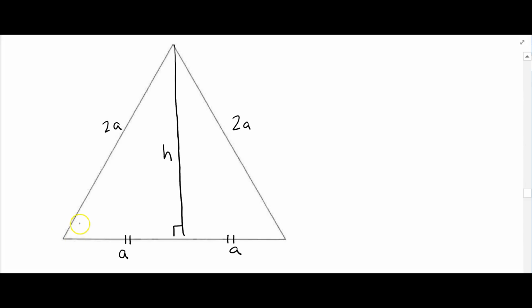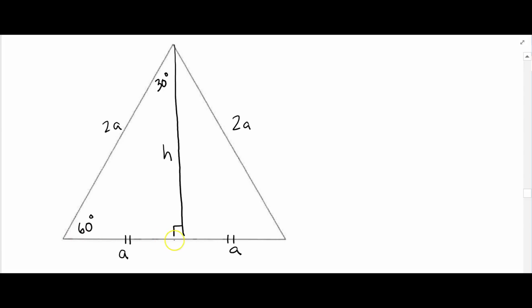I know this angle is 60 because it's one of the original angles of the equilateral triangle, and this angle is 90, and this altitude is also an angle bisector since the triangle is equilateral, so this is going to be 30 degrees. So here's how we get our 30, 60, 90 triangle. We take our equilateral triangle, we draw an altitude, and divide that 30, 60, 90 basically in half, and we get a 30, 60, 90 on the left, and we would also have a 30, 60, 90 on the right.